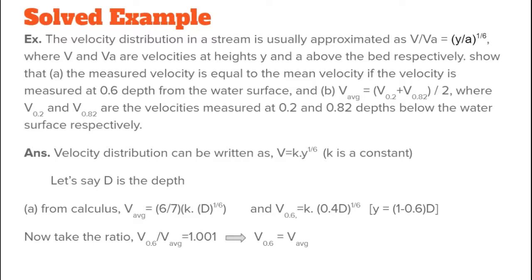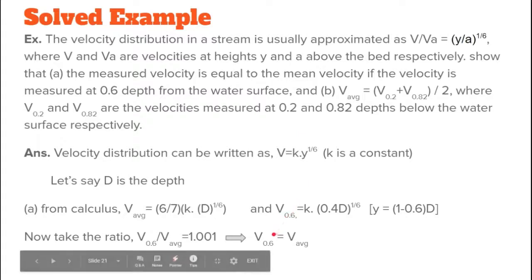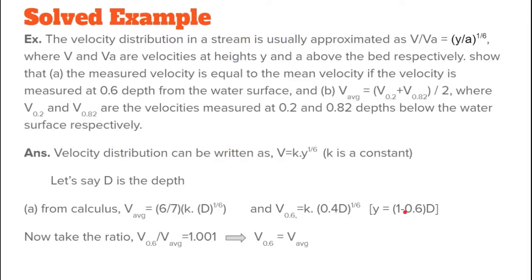So from part A, we can say that V and A are constants. So to simplify the expression, we take K as a constant. Now from simple calculus, we can calculate V average, and the velocity at 0.6 d is equal to K times (0.4 d) to the power 1/6, since y is equal to 1 minus 0.6 d.